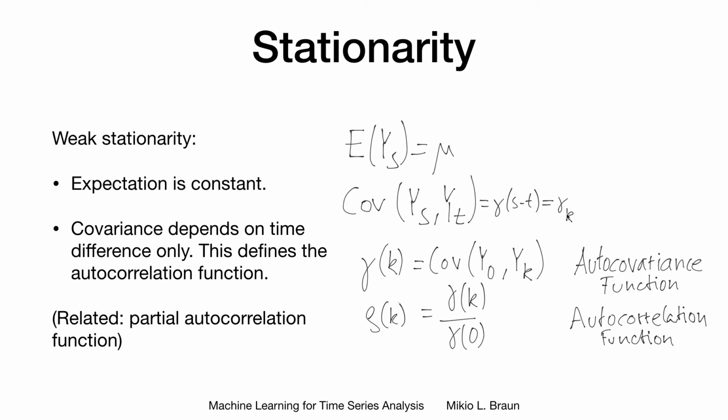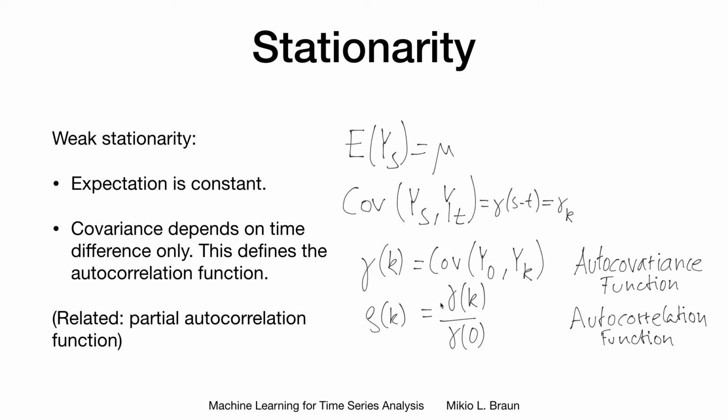A very important statistic of the time series is exactly this covariance. It's called the autocovariance function because it measures the covariance of the time series with itself given a certain difference. So this gamma k here is the covariance between points which are k time points apart.